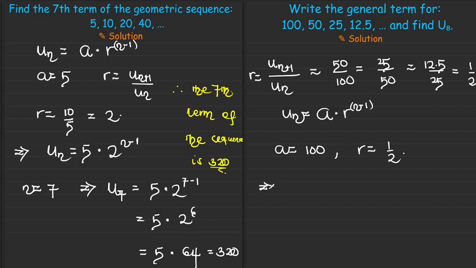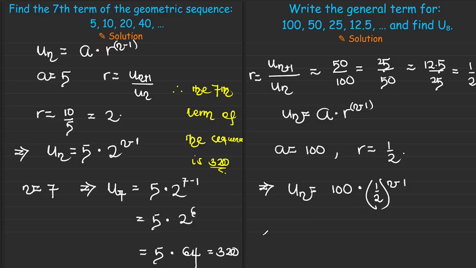Hence, substituting, we have our Un, that is the general term, being given as A, which is 100, times our R, which is 1 over 2, all to the power n minus 1. And that is all. So this here is the general term.